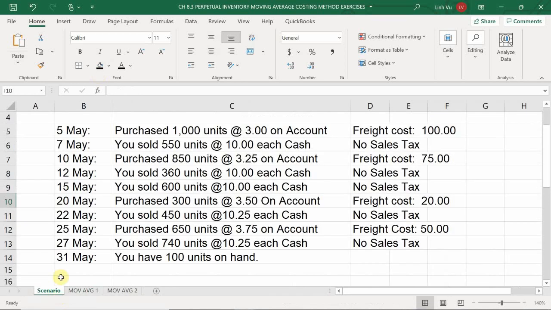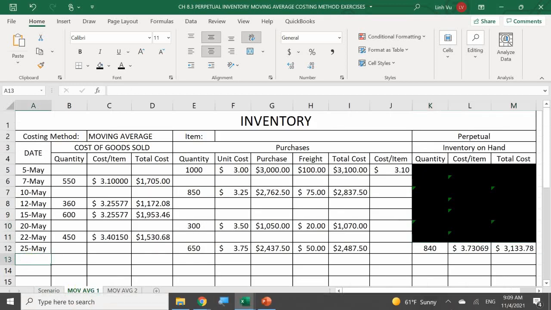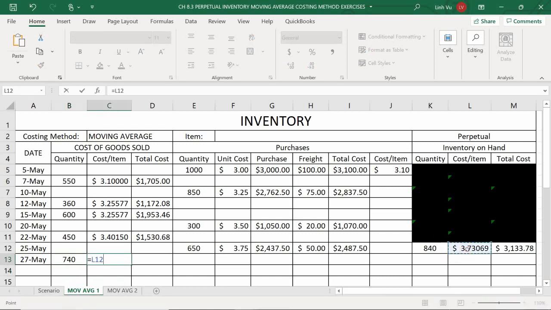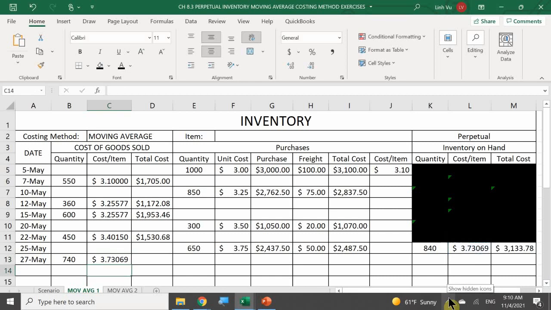Okay. So then, May 27, I end up selling 740 units, leaving me a grand total by the end of May with 100 units left. So May 27, I sold 740 units, which is an average cost of this number.